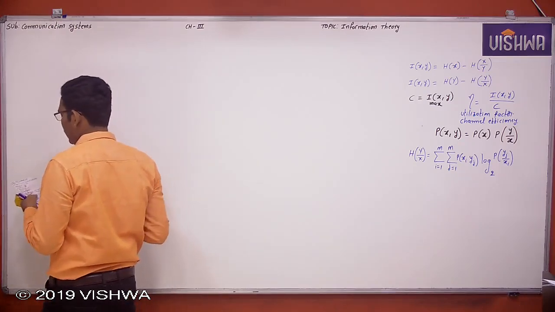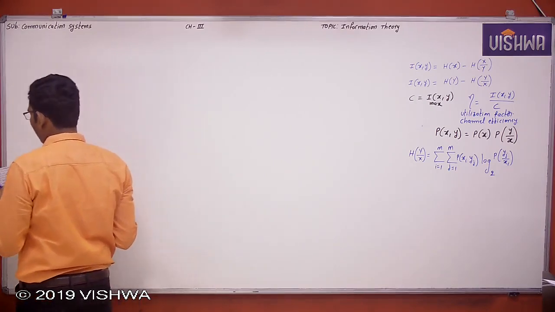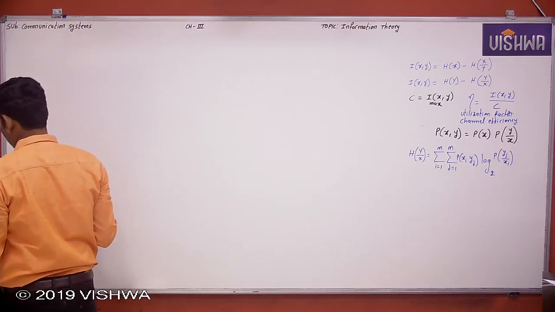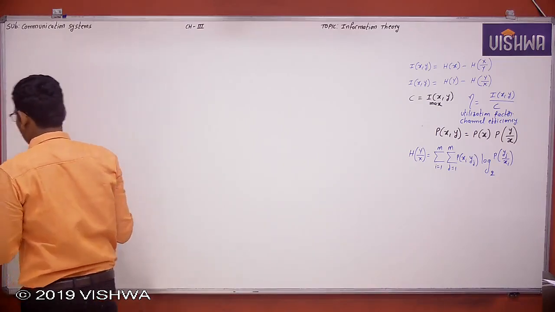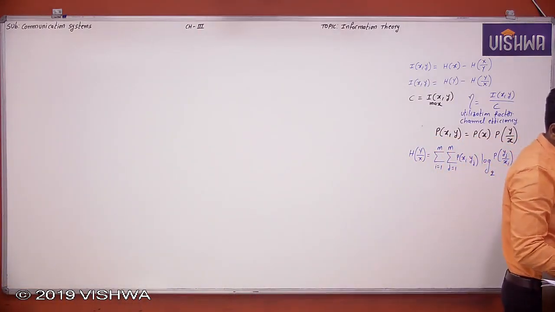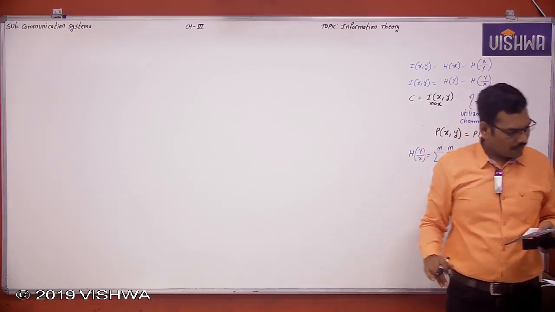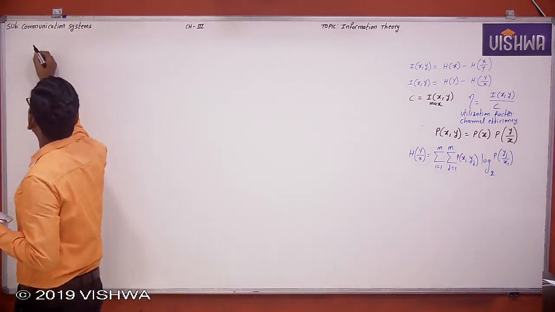Consider two discrete sources x and y with conditional probabilities as shown in the figure below.